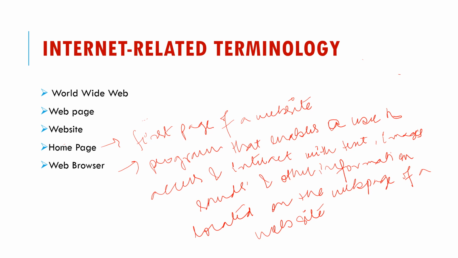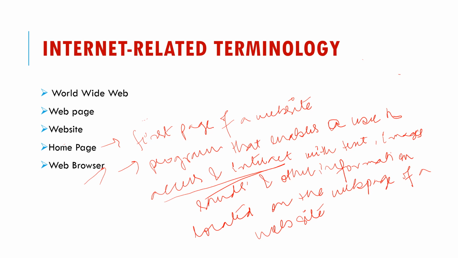That means if you want to search something on the internet, if you want to access the internet, for that, first what you need is a web browser. With the help of this web browser, you are able to find the data, you are able to search whatever you are searching.